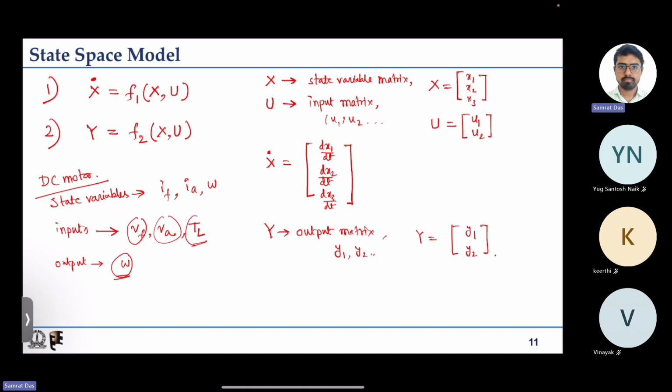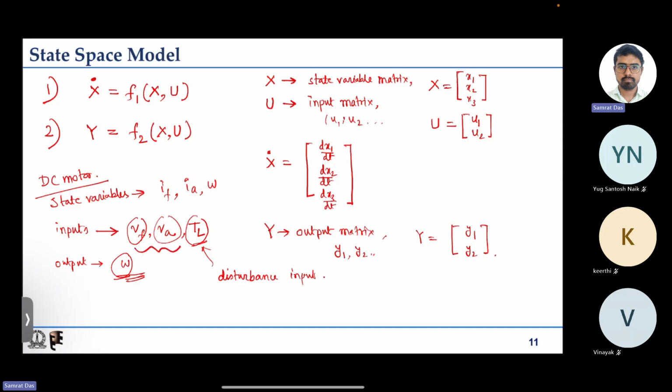We may not know what this TL is or how it will vary, but nevertheless we would like to reach the speed that we want. Because it is not well known to us or directly within our control, but it is disturbing us on the way to reaching the desired output, that is why it is typically termed the disturbance input of the system.